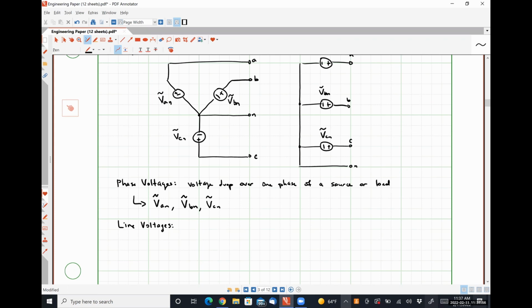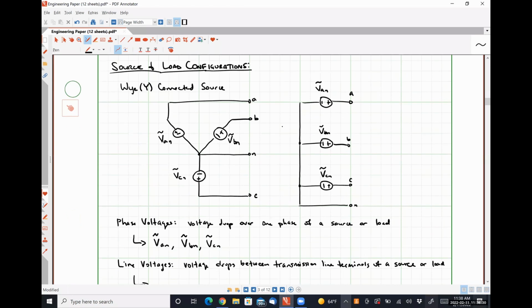Line voltages are the voltage drops between or over transmission line terminals of a source or load. So I'm going to use a different color here to illustrate these. All right.